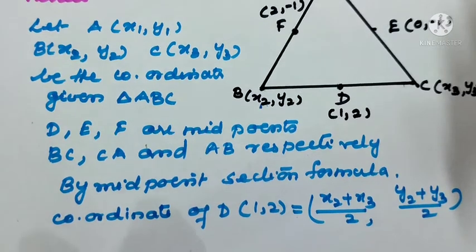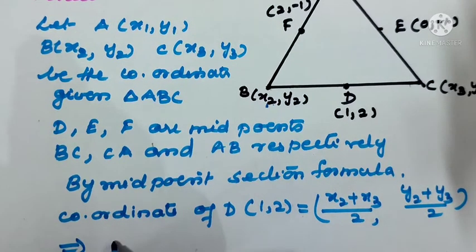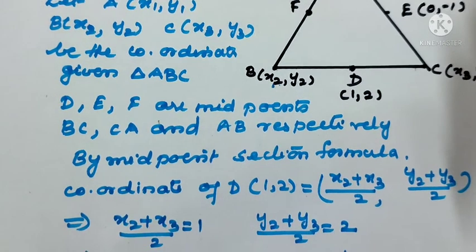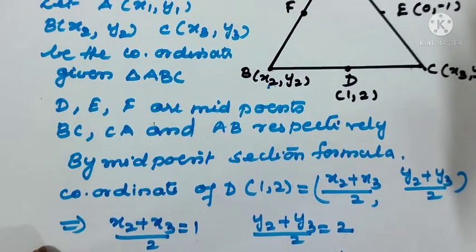We can write (x2 plus x3) by 2 equal to 1, (y2 plus y3) by 2 equal to 2. This implies x2 plus x3 equal to 2, y2 plus y3 equal to 4. If you understood this step, you can write the next one easily also.